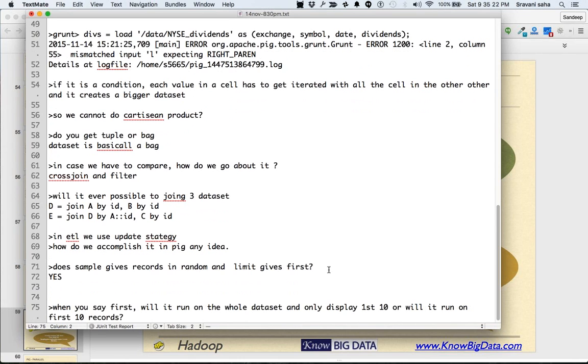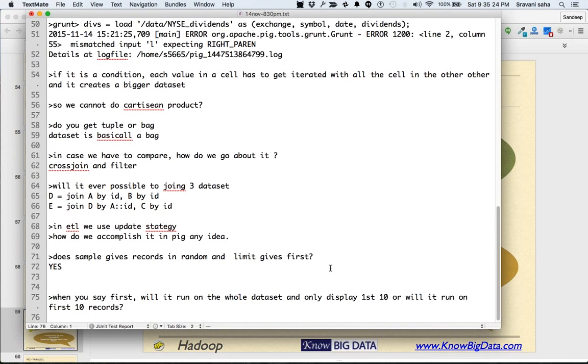Then there is a question from Veena. When you say limit, will it run the whole dataset and only display the first 10, or will it run on the first 10 records? Basically, it will not go through the whole dataset. It will basically go through the first 10 records. That's it. Okay.